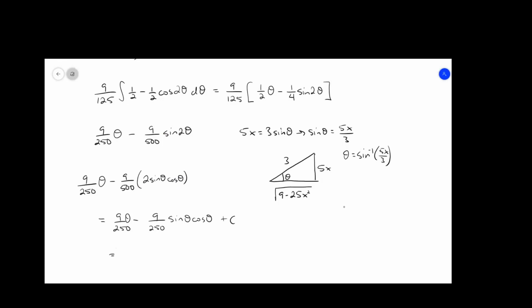Finally, changing all this back: 9 over 250 times theta by itself, we said that was the inverse sine of 5x over 3, minus 9 over 250 times sine of theta. Now I'm looking again here. So this is the theta. Sine of theta is opposite over hypotenuse, so 5x over 3.